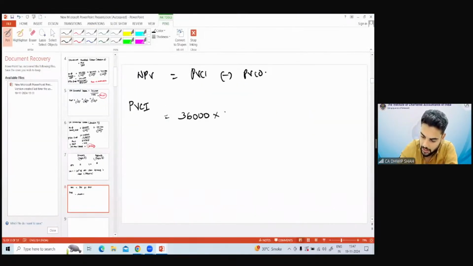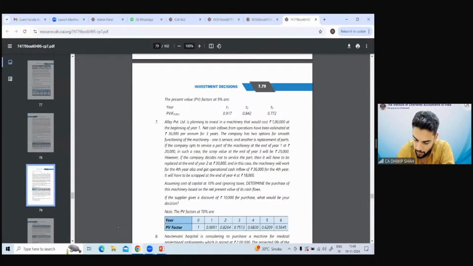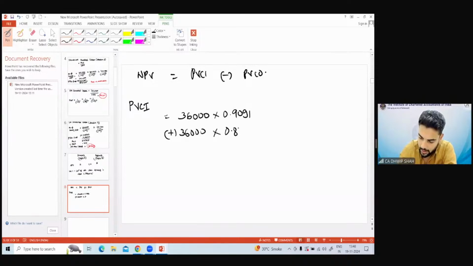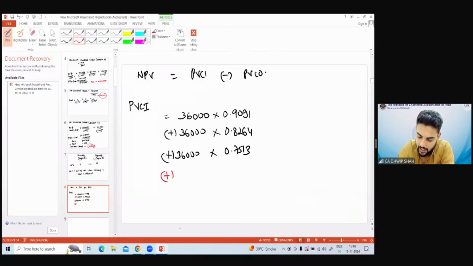So 36,000 into 0.9091 plus 36,000 for year 2, and it is 0.8264, 0.7513. 0.8264 plus 36,000 into 0.7513 plus salvage. Don't forget this. You will get scrap value of 25,000 at the end of year 3. Yes or no? So this is also your inflow and it will be generated at the end of year 3.